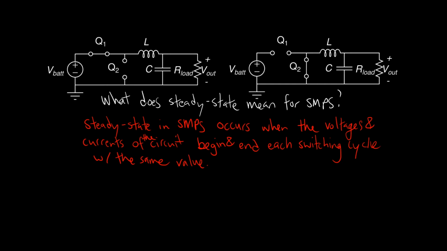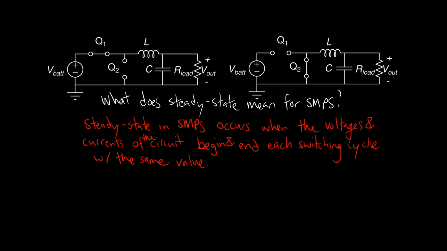So if this condition holds, if the currents and the voltages all start the switching cycle at some value and then end at that same value, then the converter is operating in steady state, right?